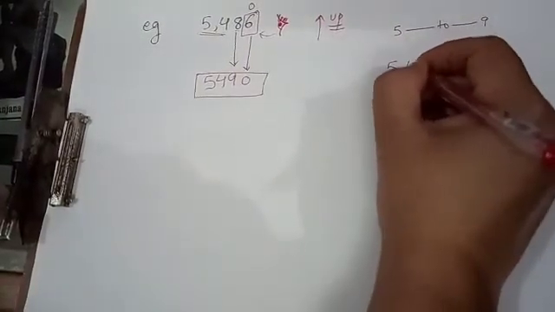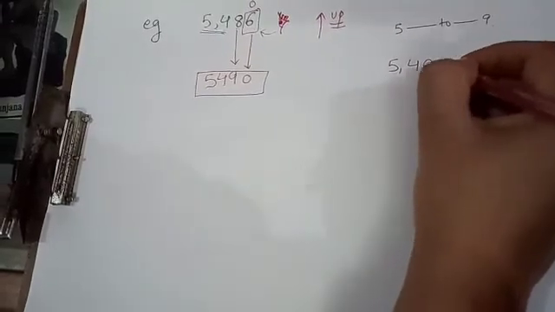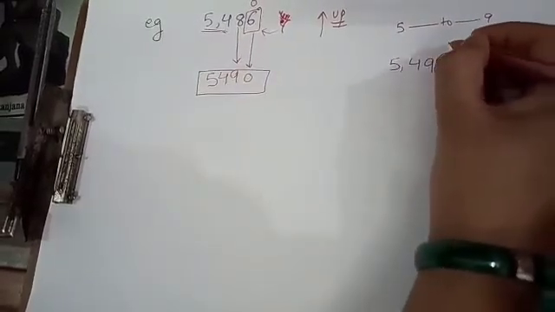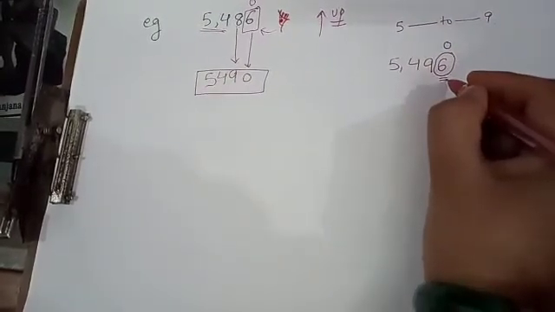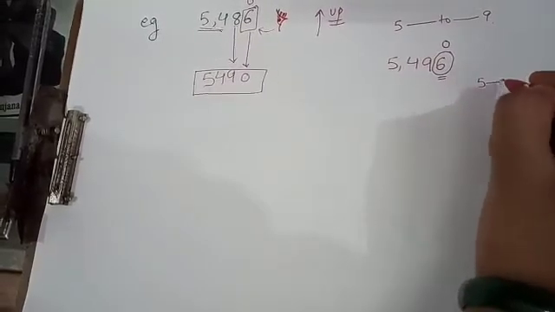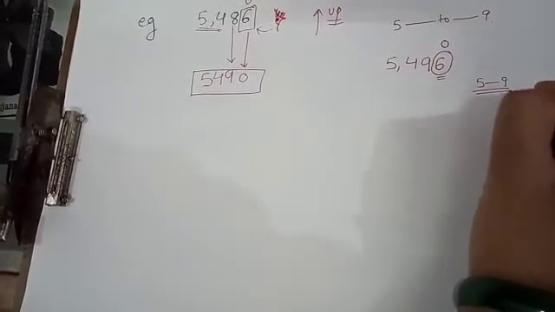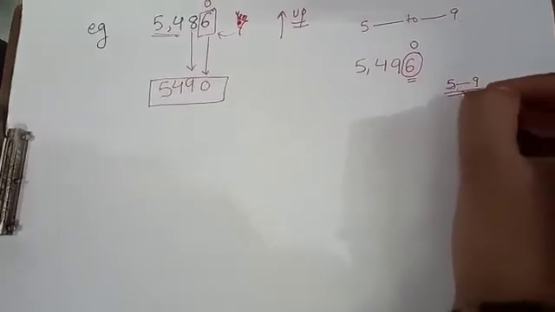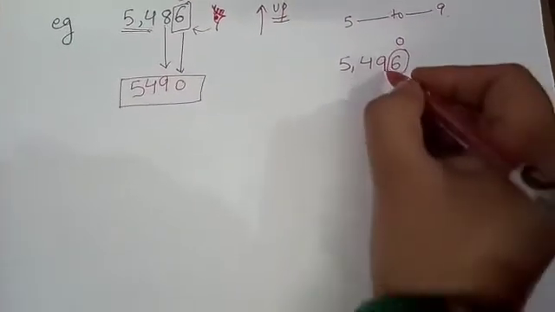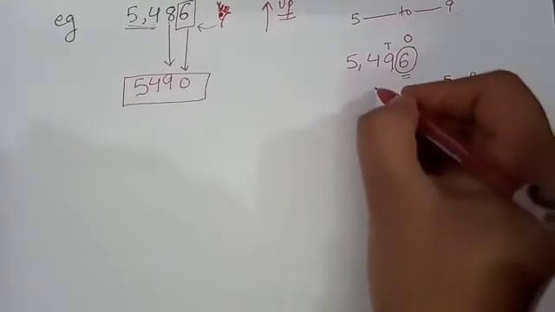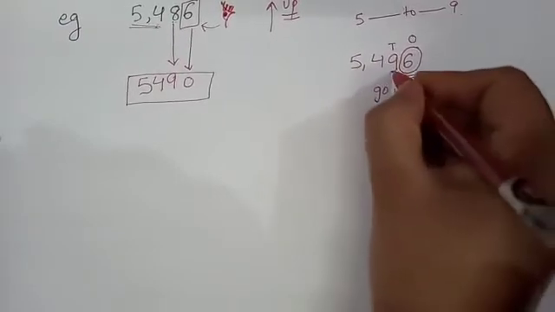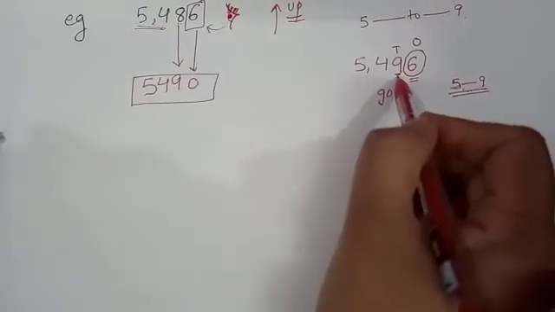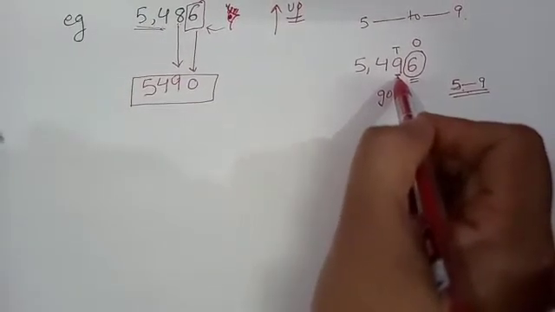If this number was 5496, then what would have happened? Again, last digit or the digit at ones place is 6. That means it is coming in between 5 and 9. So if the number is 5 or 6 or 7 or 8 or 9, this value at tens place will go up. So this 9 will become 10. So it was a single digit number. When it goes up, it becomes a 2-digit number.